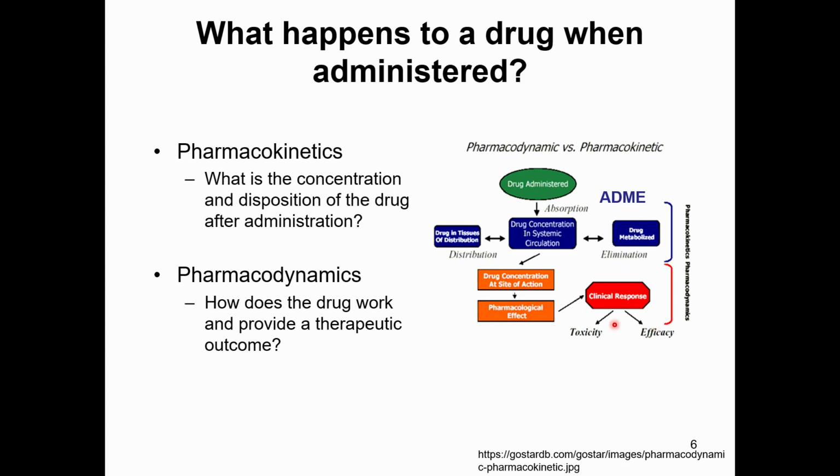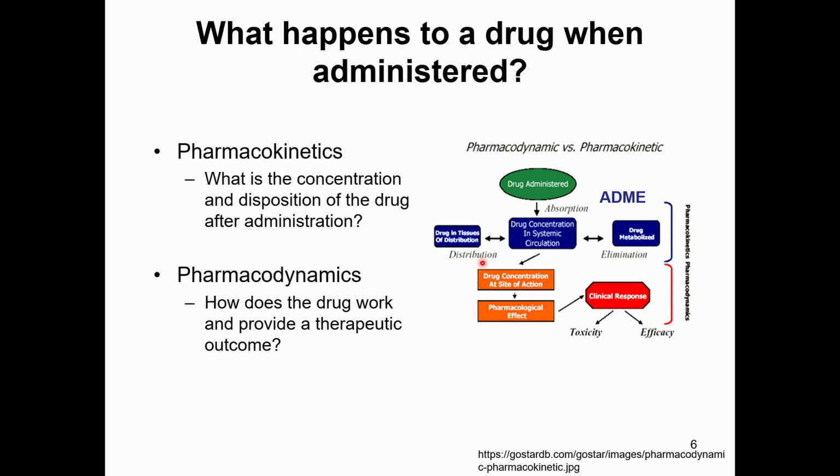But we also want to understand the toxicity of that drug. Most drugs have beneficial, efficacious aspects to their action, but they also have unwanted side effects, adverse events that can possibly happen. And so we want to understand that as well. So the two broad fields of pharmacology are pharmacokinetics and pharmacodynamics, PK and PD, and ADME. You're already getting all of these acronyms.